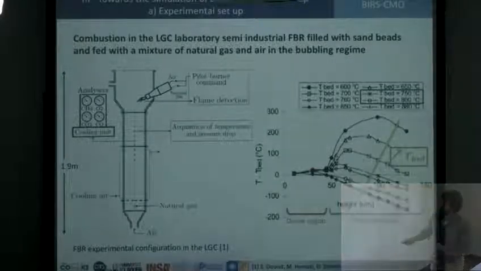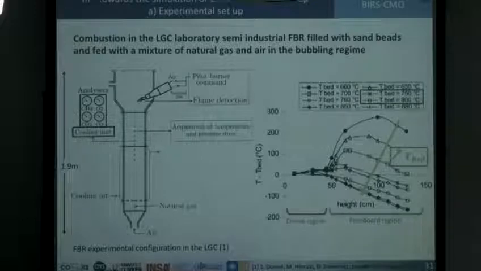So here is plotted the temperature measured by the sensor minus the global temperature they were able to control at the bottom. You can notice that for the lower values of this global bed temperature, the temperature measured by the sensors is increasing above the bed.